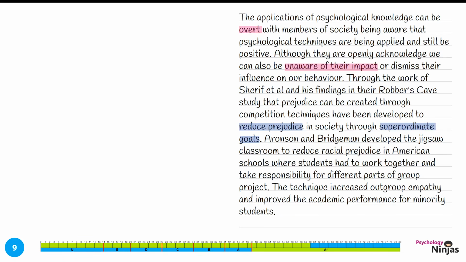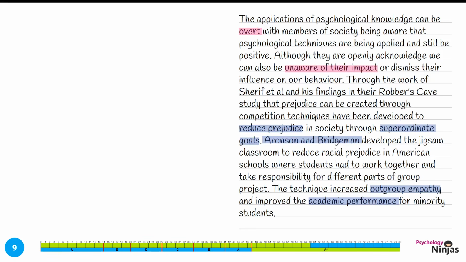The technique increased outgroup empathy and improved the academic performance for minority students. We've given detail about our particular research example. It's really important here we've said the impact of this positively in society, in terms of outgroup empathy and academic performance. We're then going to give a counter-argument about how applications of psychological knowledge haven't been so positive.